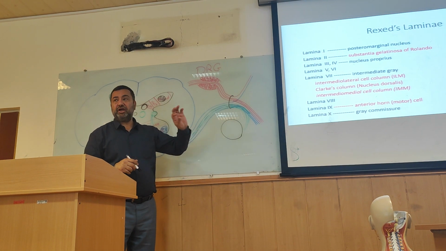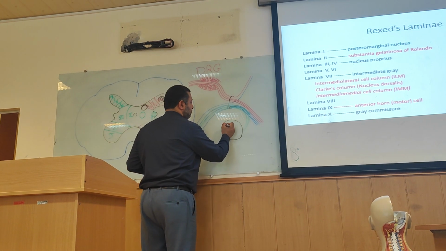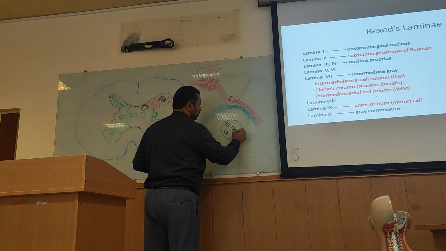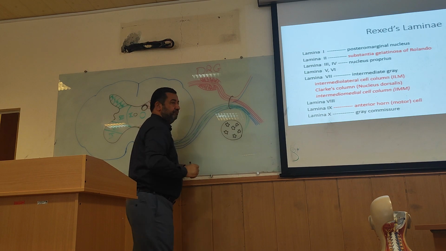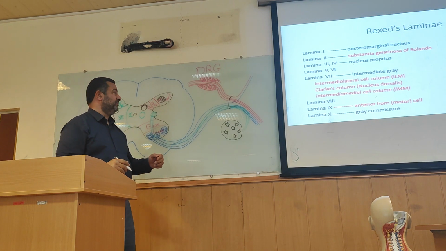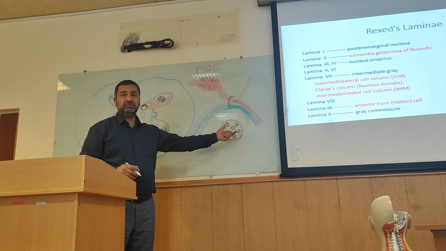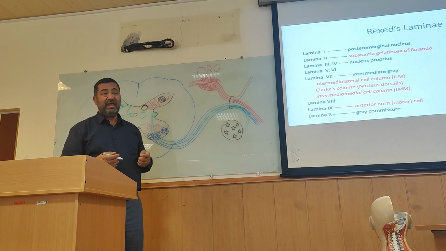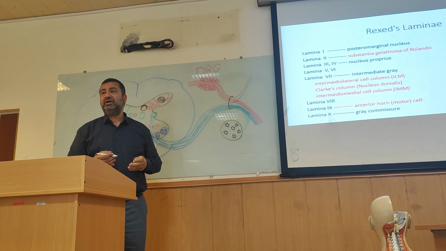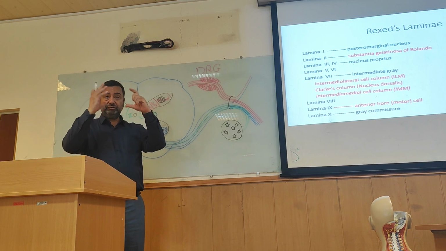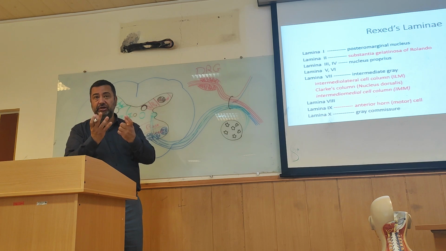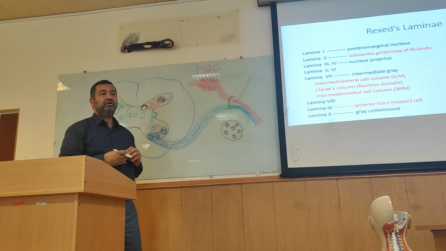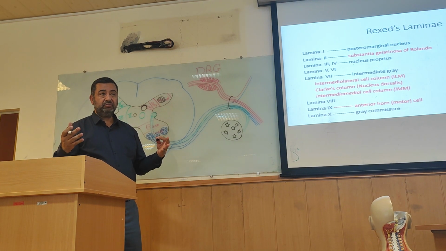Each sympathetic ganglion has many multipolar neurons. You see here, these are multipolar neurons. In the DRG, there are pseudo-unipolar neurons. Arrangement of neurons in the DRG is regular, near the peripheral part of the ganglion, near the capsule. But arrangement of the multipolar neurons in the sympathetic ganglion is irregular.